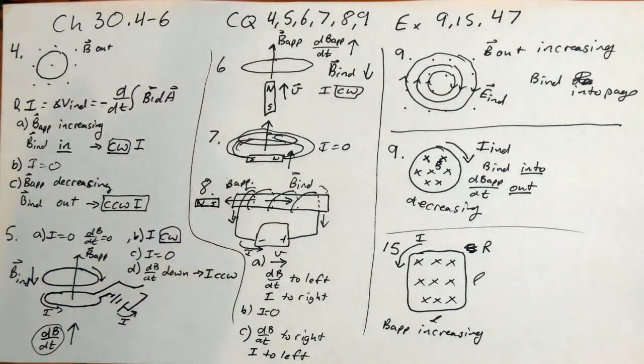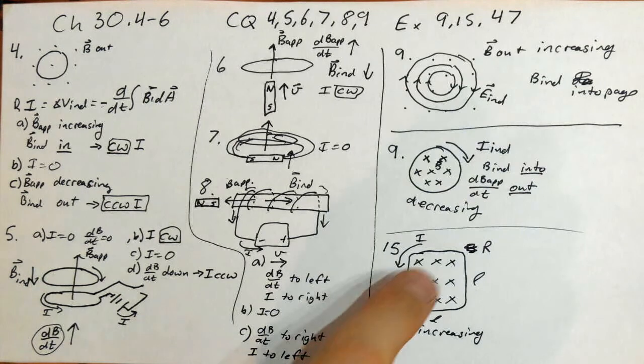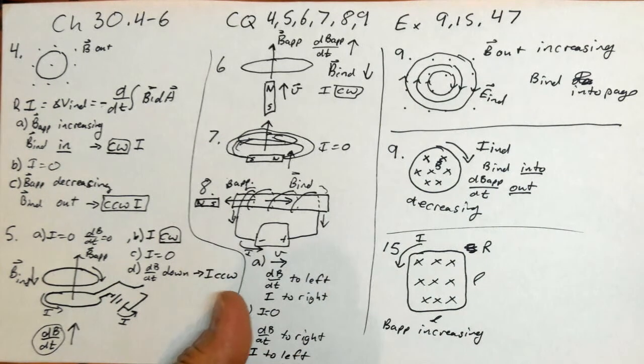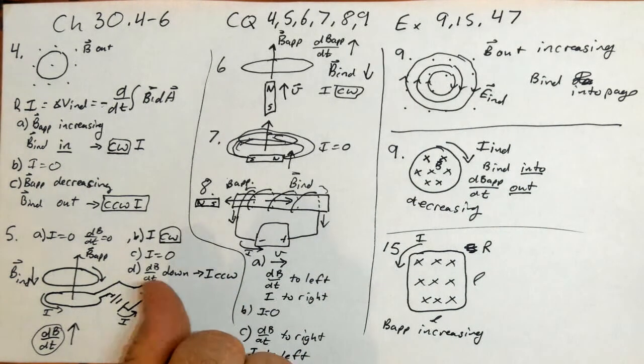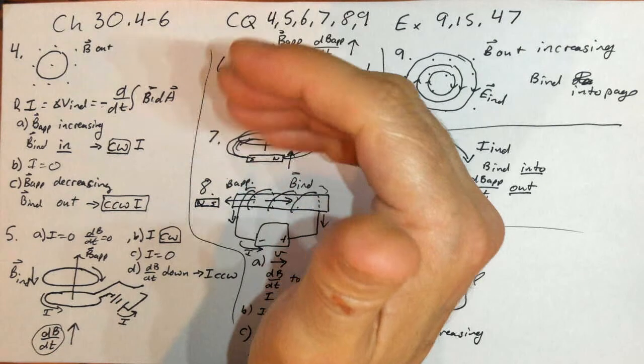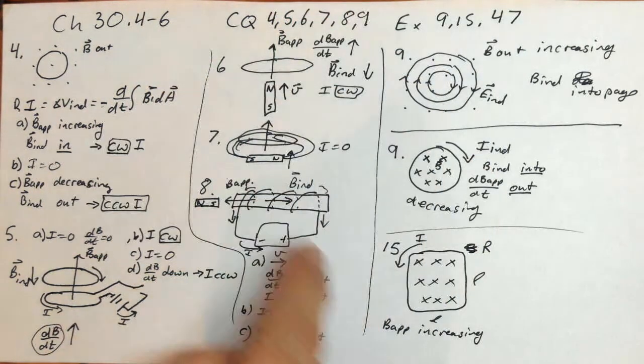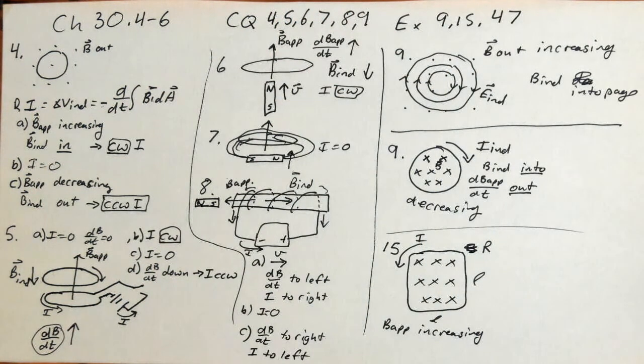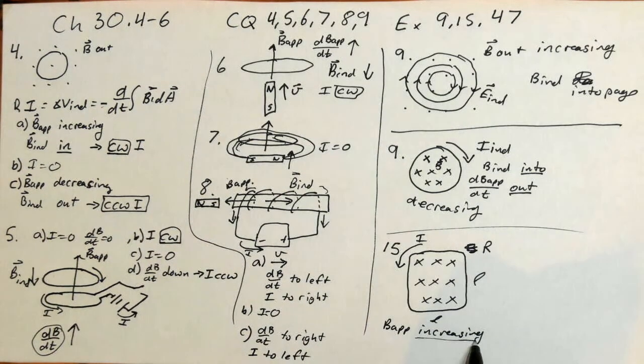Let's go backwards to check that, to make sure it's clear. B field is into the page. It's getting bigger, so the change is into the page, which means the induced B field will be out of the page. And if so, my thumb will point out, my fingers will curl counterclockwise, showing me the direction of that induced current. Okay, so that is correct.